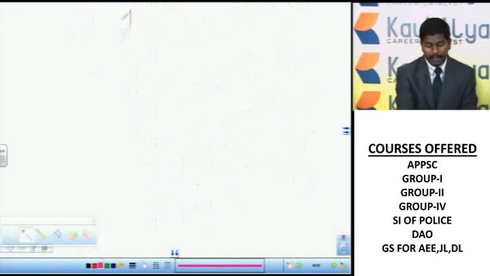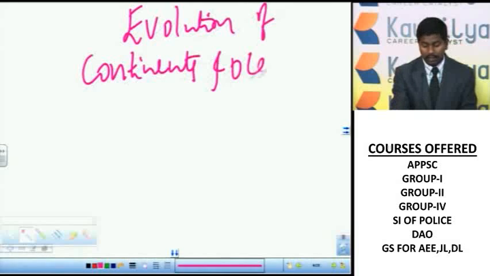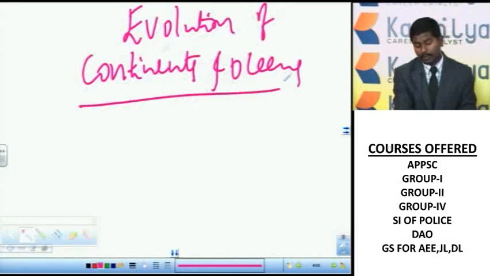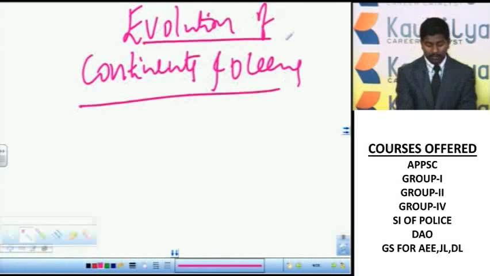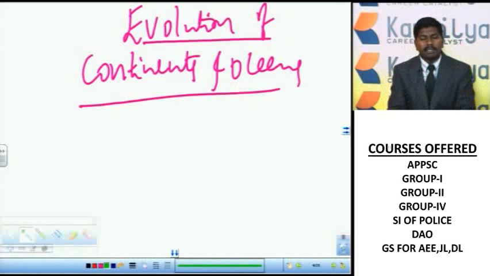Now it is the evolution of continents and oceans. In the previous class I explained how this Earth as a planet evolved in the solar system, from the solar prominence. We have seen that these planets evolved at different points of time.